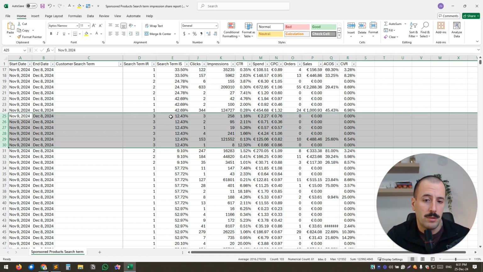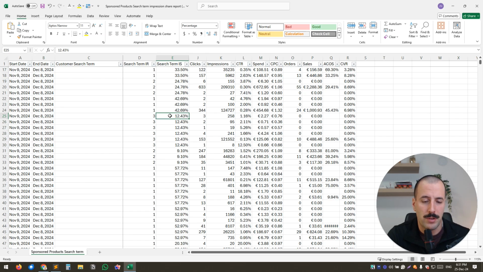It's important to know that you are position number 3 and you grab 12% of market share, impression share. That means that the top 2 are actually grabbing the rest, probably a much bigger chunk, and then all the others are spread.